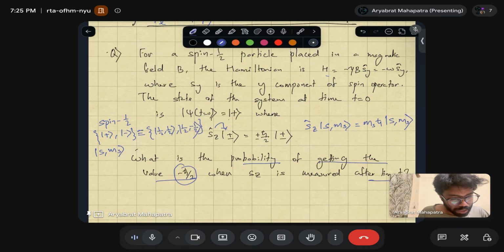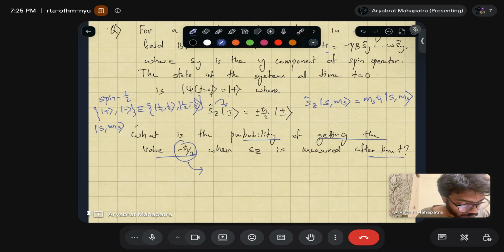You will only have the eigenvalue minus h bar by 2 if it corresponds to the state half, minus half, because only then S_z acting on half, minus half gives you minus h bar by 2.